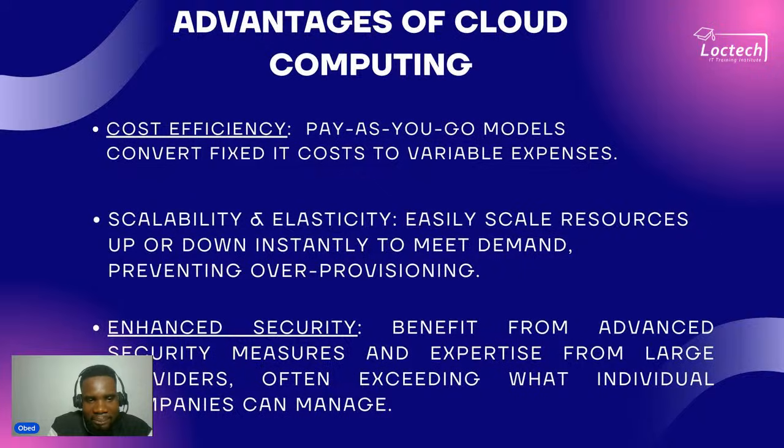Second is scalability and elasticity. You easily scale resources up and down instantly to meet demand, preventing over provisioning. Let me give an instance of this. I'm sure most of us here shop online. We use Jumia, or better still, our favorite streaming service, Netflix.